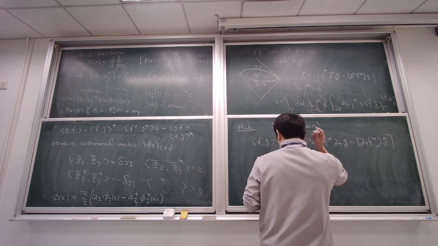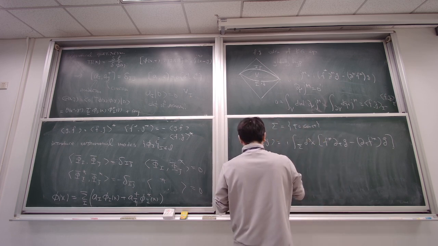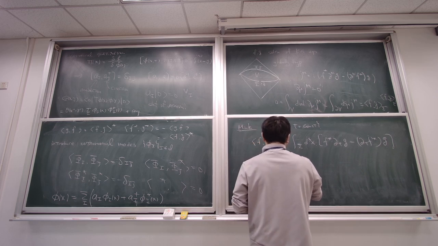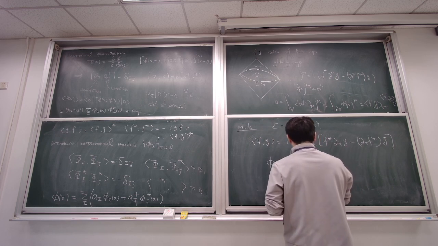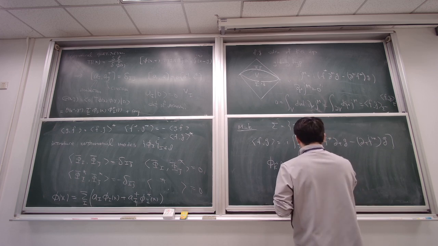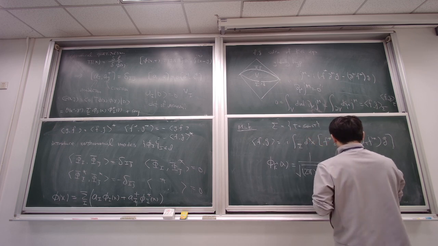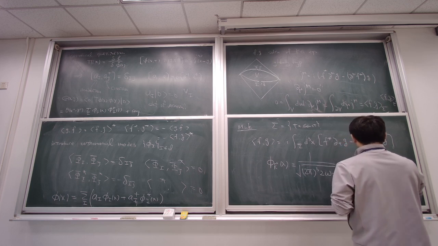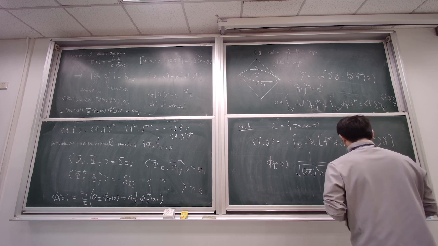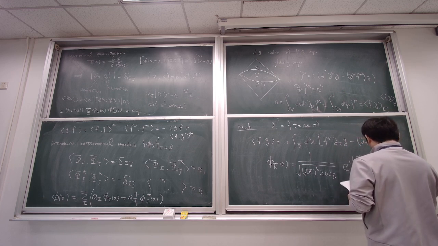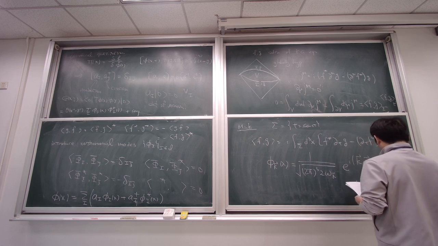And under this inner product, this phi k, where omega k is equal to the square root of k squared plus m squared.